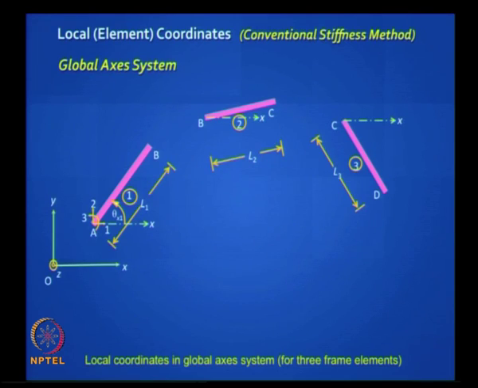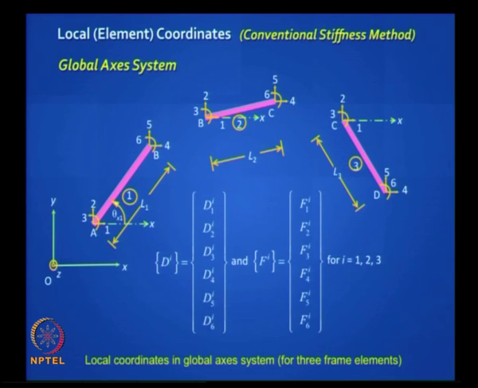So it is like you do the correction at this stage itself at the element level. If you can define 1, 2, 3 like this, you can also define 4, 5, 6, and similarly for all the 3 elements. Got it? So this is another way of doing it. This is the transformation that we are trying to do, and so I am now defining element displacement vectors and element force vectors.